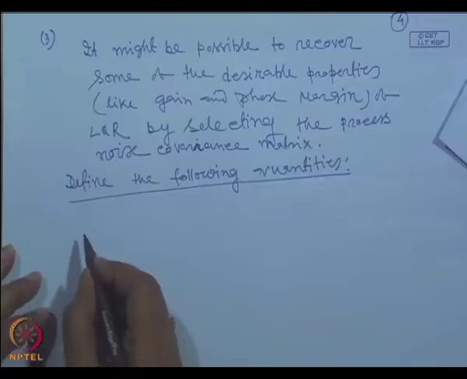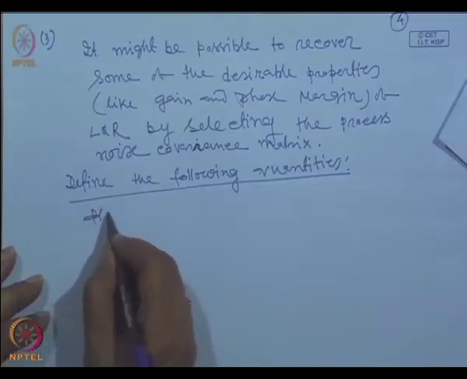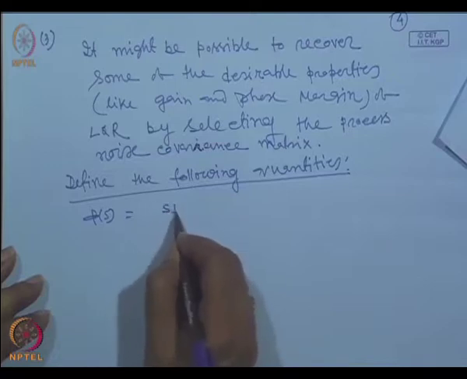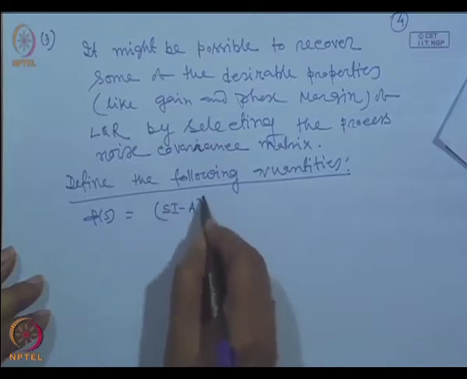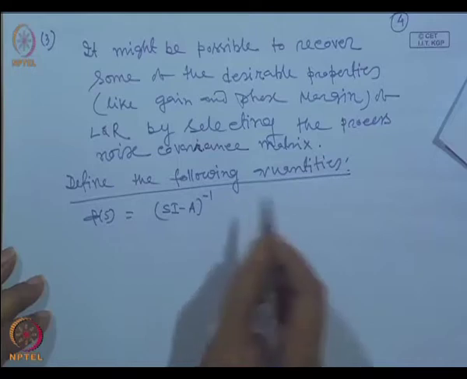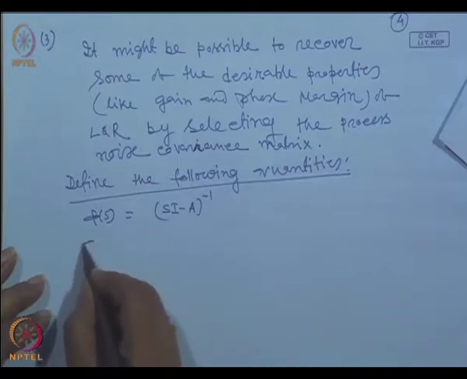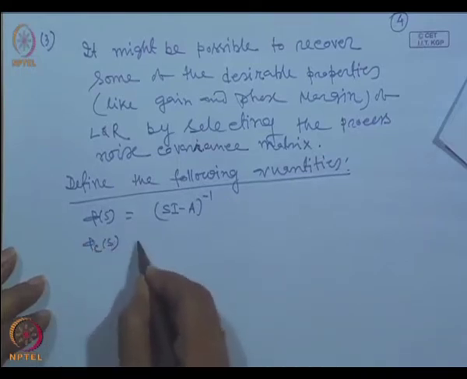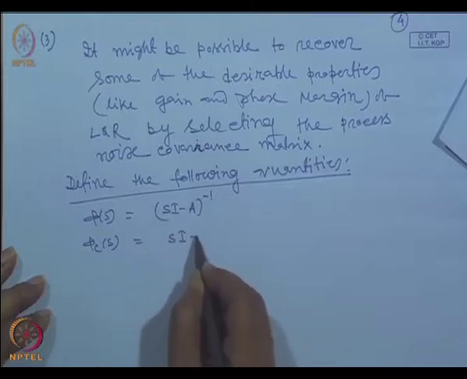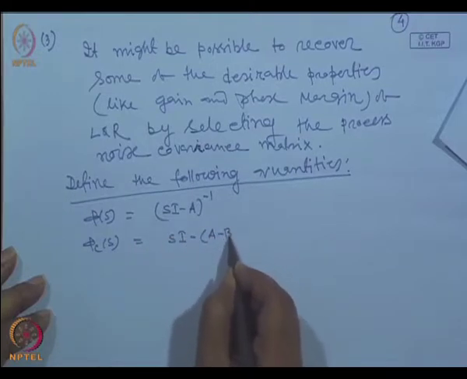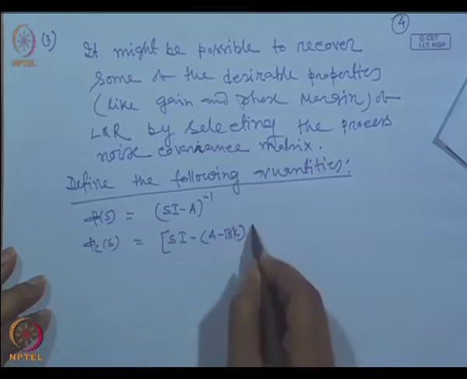Agree? So, we can recover this stability margin of LQR by selecting the process noise covariance matrix. Let us define phi(s) = (sI - A) inverse, the resolvent matrix of the system. Next we consider phi_c(s) = (sI - A - BK) whole inverse.